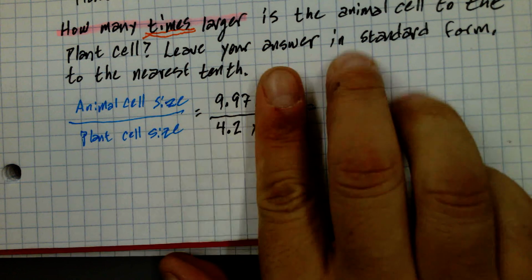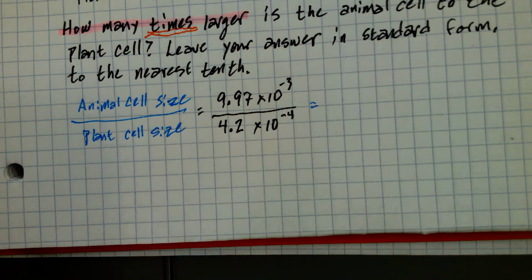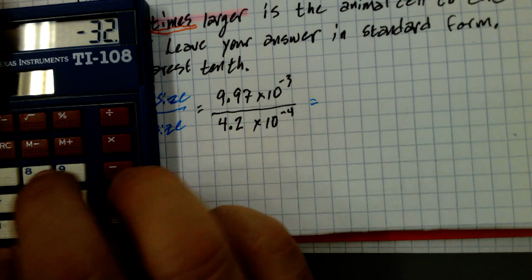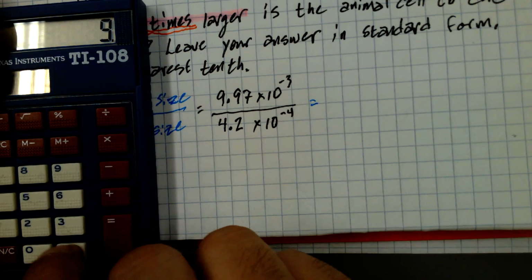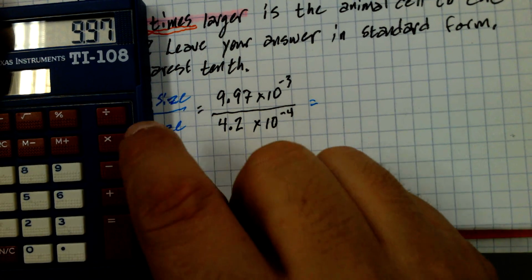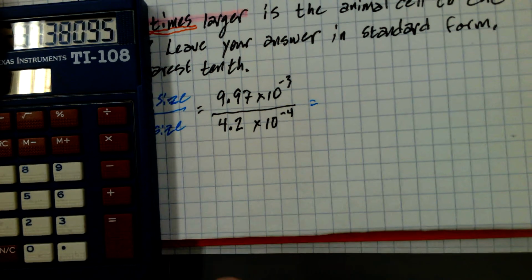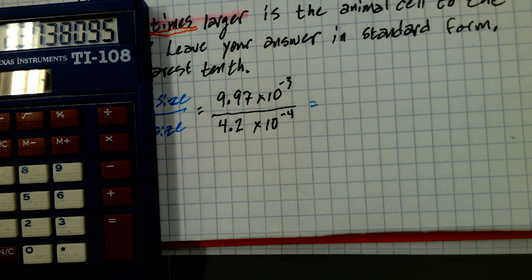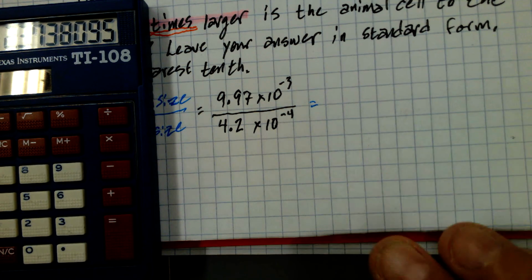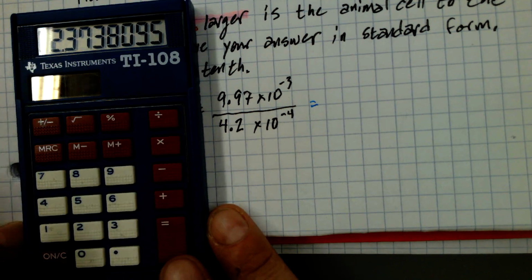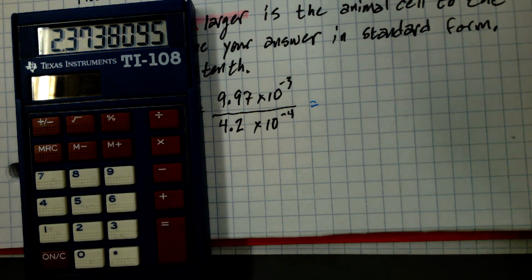Okay, so let's take our coefficients and divide those. 9.97 divided by 4.2. Look at that, 2.37. Now, keep in mind, we have to round this at the end.